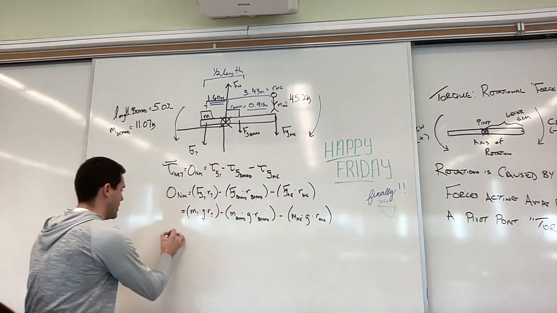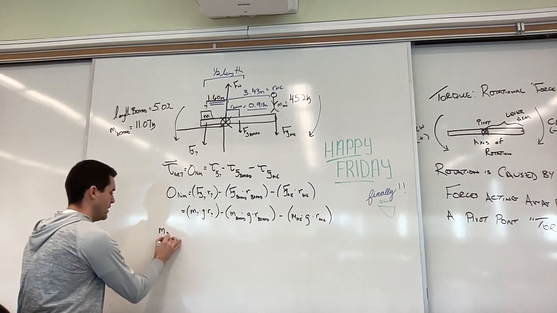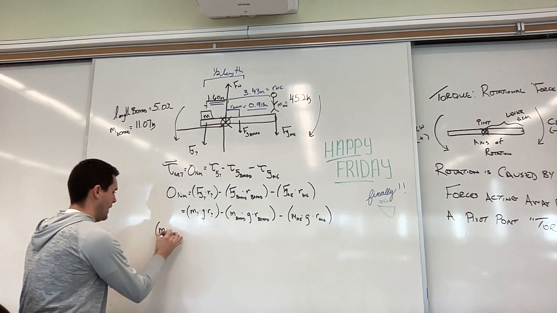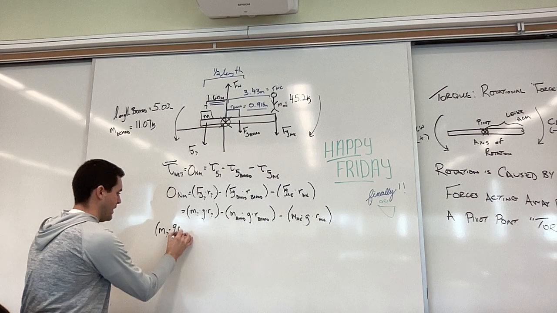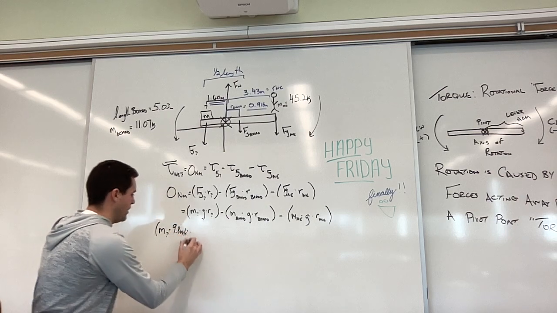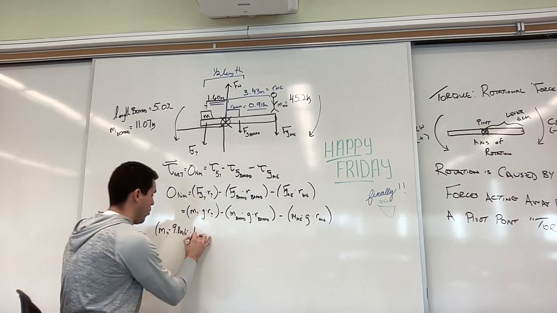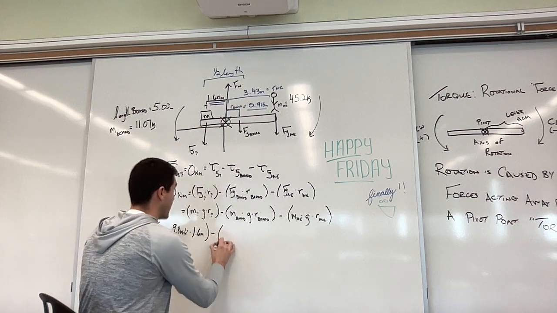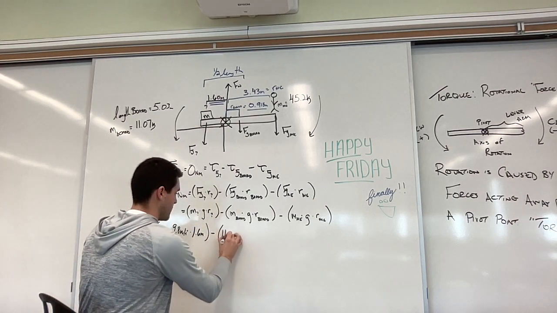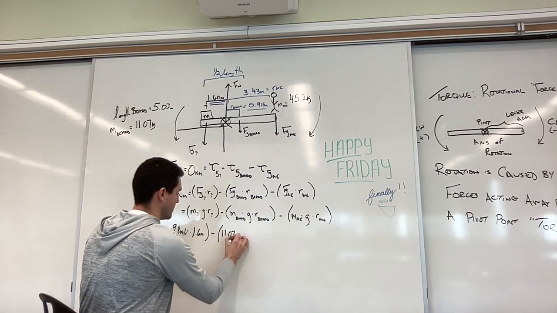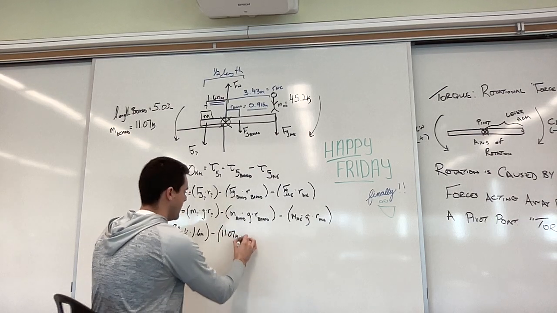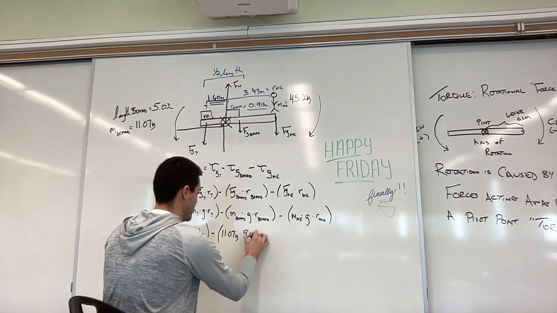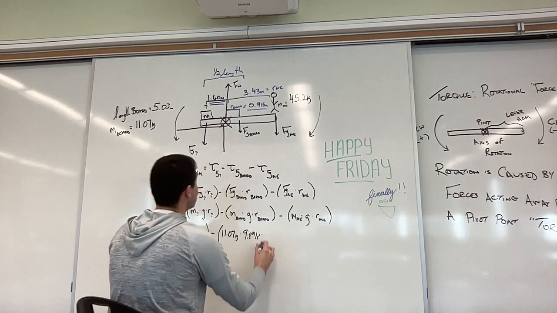The mass question mark, that's what I'm solving for. Mass question mark times 9.8 meters per second squared, times the radius, which we said was 1.6 meters. There's the first one. Minus the mass of the board, which we learned from the problem was 11.07 kilograms, times 9.8 meters per second squared, times the board.